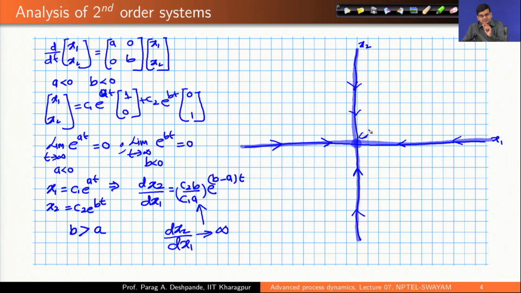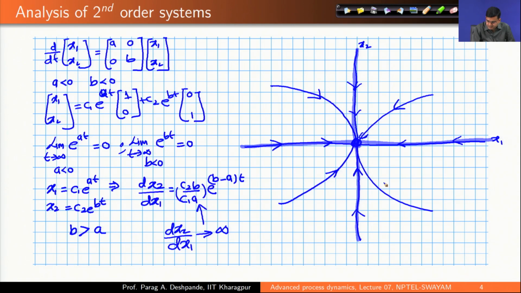At the origin the slope should become infinity, and you see here that if I draw a curve like this, here the slope is infinity. This is exactly opposite of what we saw in the previous case. So, the direction of the arrow would be this, and I can draw several of such curves.